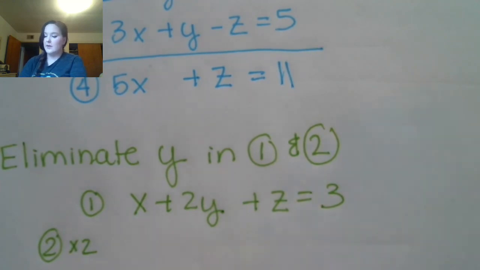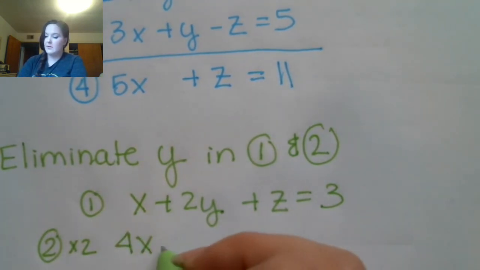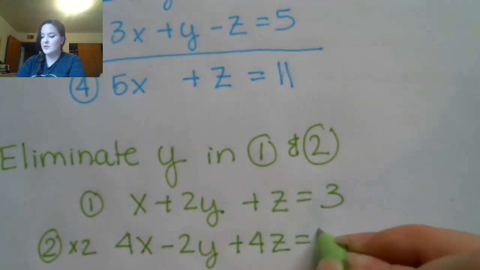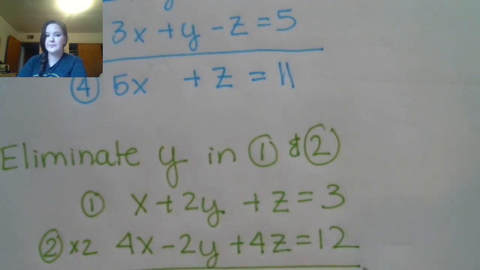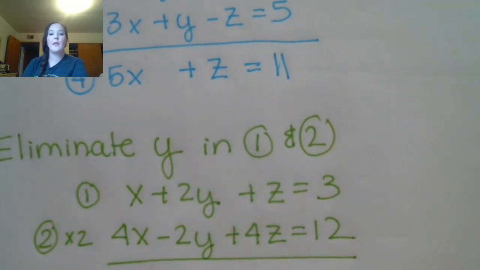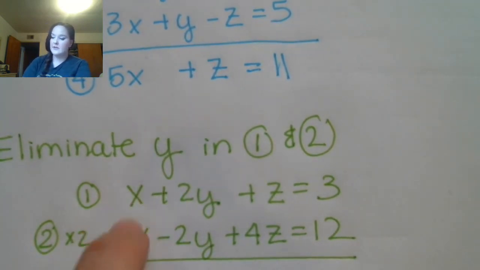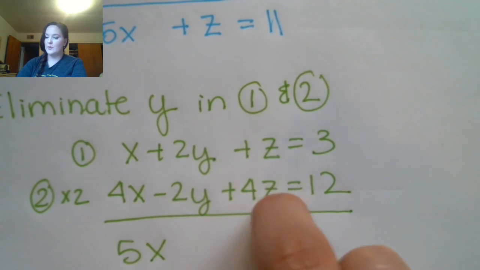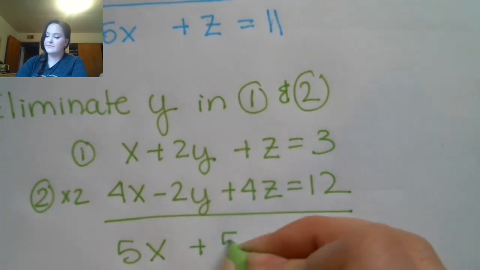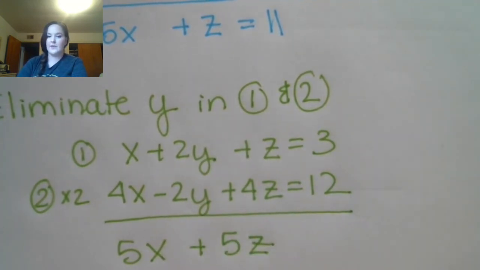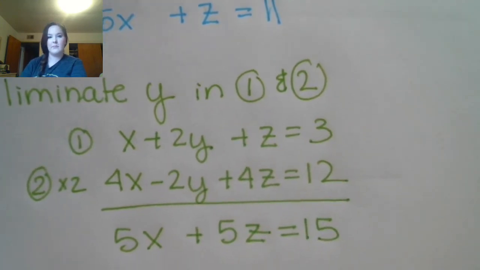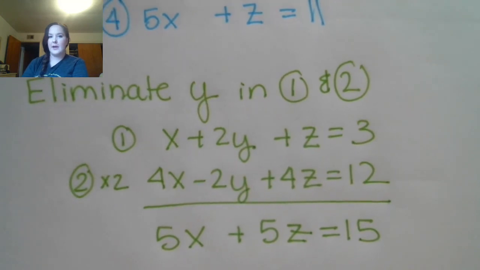So that would give me 4x minus 2y plus 4z equals 12. Now I'm going to add. x plus 4x is 5x. z plus 4z is 5z. 3 plus 12 is 15. And this is going to be my equation 5.